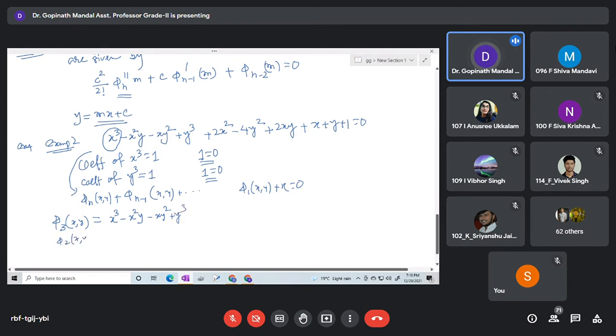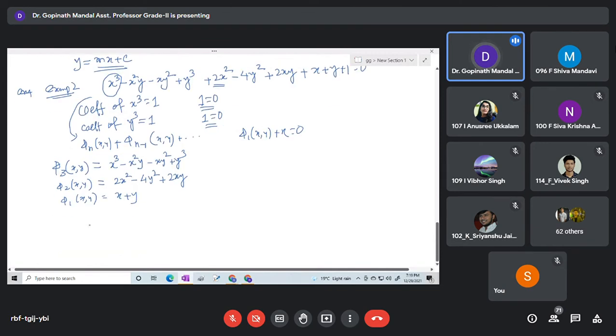Phi 2 xy is 2x square minus 4y square plus 2xy. Phi 1 xy equal to x plus y and the constant k equal to 1.